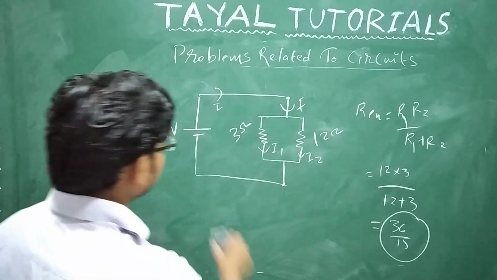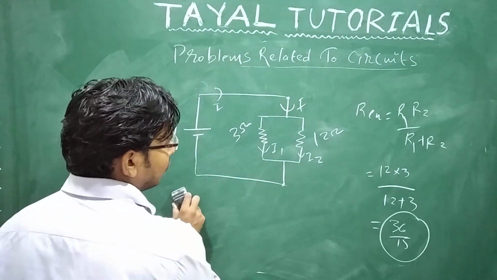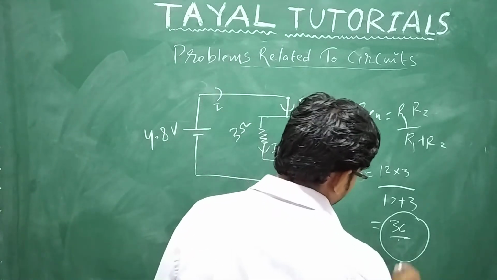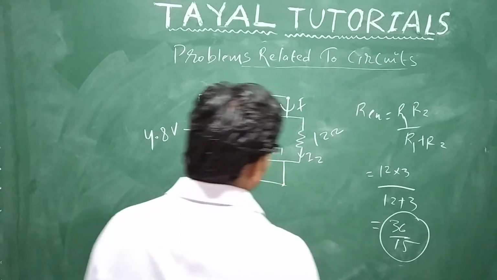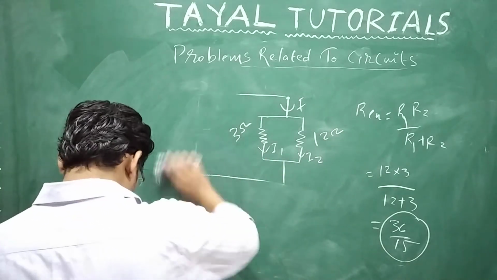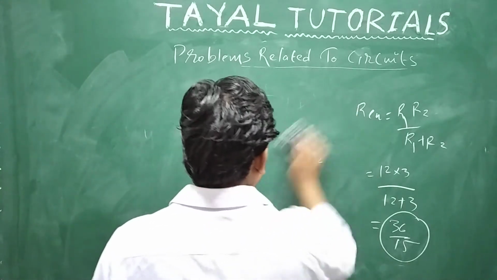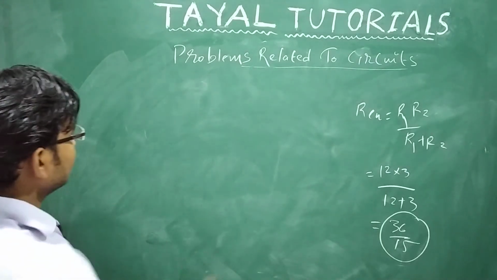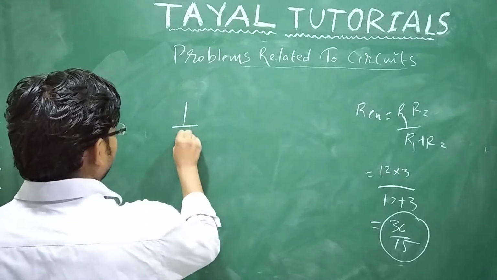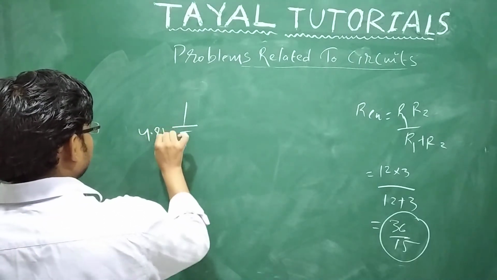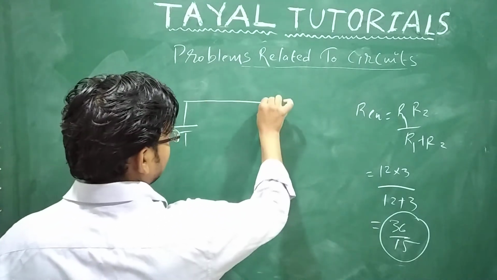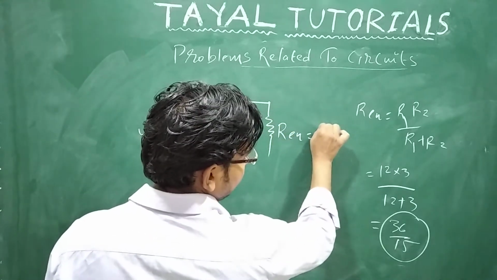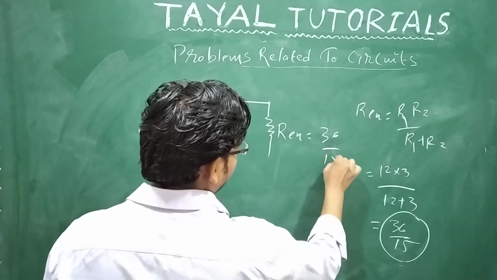You can see up to here. Is it clear? I think the R equivalent calculation is 36 upon 15. Now apply simply Ohm's law. This is your 4.8 volt, and this is your R equivalent, 36 upon 15.